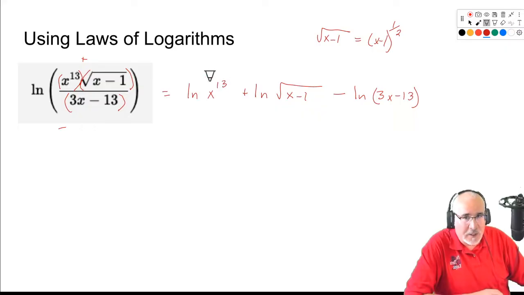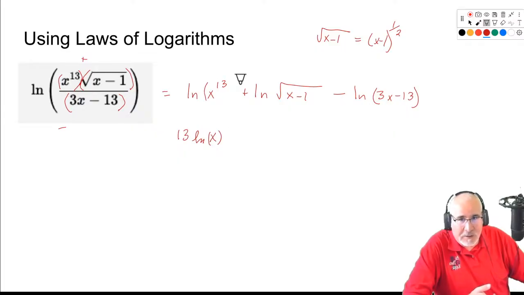So these exponents come down in front. Then you get 13 natural log. I like to write my natural log as a script ln, and a lot of times this is an input, so it's helpful to put parentheses to show where the input is.